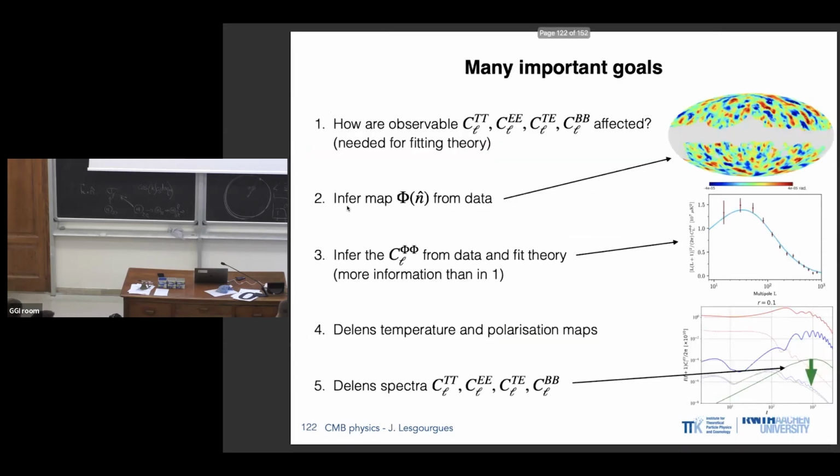At the level of C_L phi phi, we will never be sensitive to too large L either. So I agree that for Simons Observatory, you probably need to control your errors on the nonlinear corrections a bit better, but it will never be some crucial issue like for Euclid or LSST.